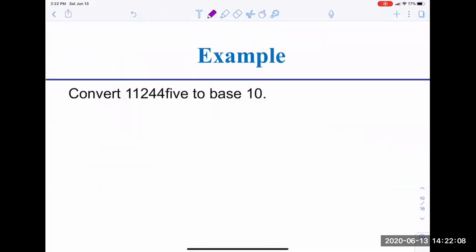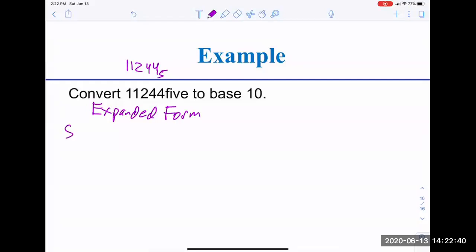Okay, I'm going to convert this base 5 number. PowerPoint didn't do this well. Generally, you will see this written this way: 1, 1, 2, 4, 4, with the 5 down there telling me it's the base. Now, to do this, I'm going to use expanded form. And I need it in base 5.